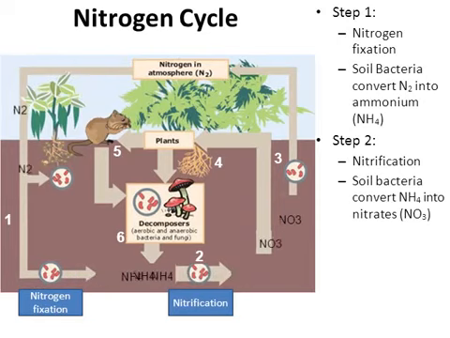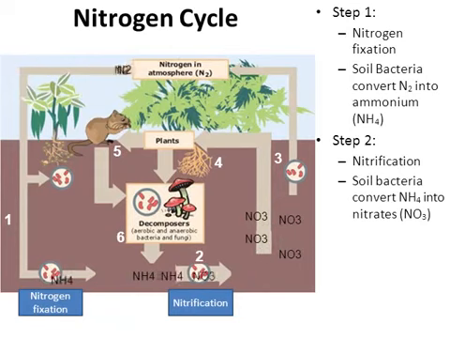This is a more usable form. So the purpose of nitrogen fixation and nitrification is to convert atmospheric nitrogen, which is not really usable, into more usable forms. That's the job of the bacteria in area number 2, called nitrification.